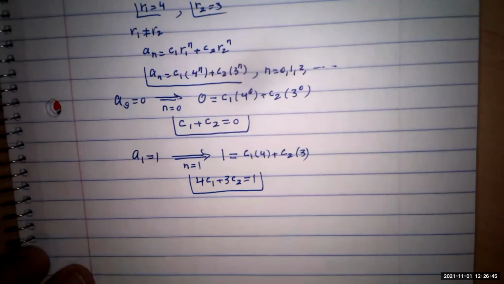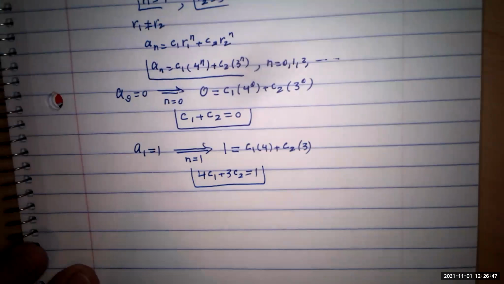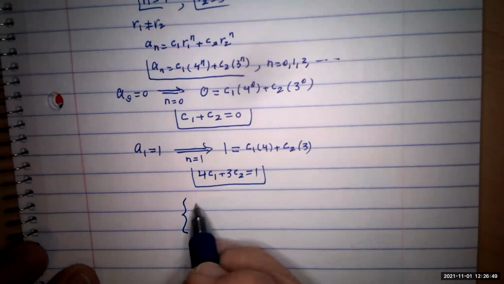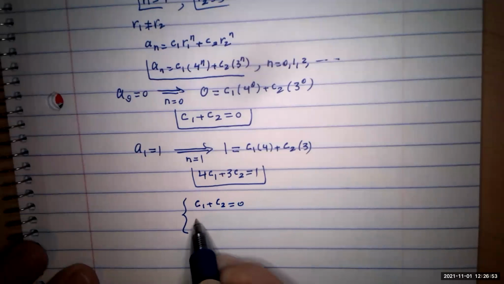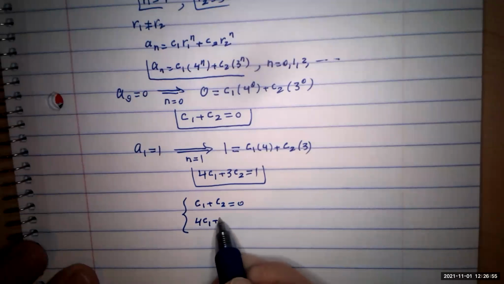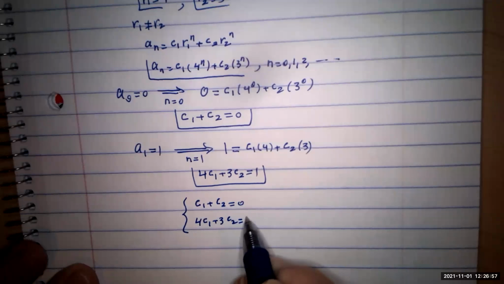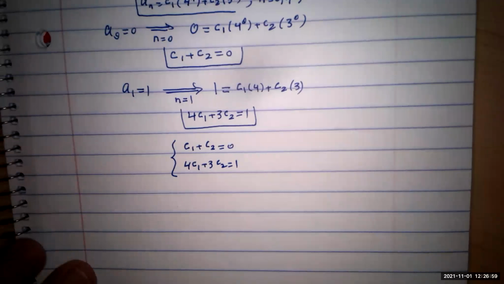Put them together, find C1 and C2. So what do we have? C1 plus C2 equal to 0, and 4C1 plus 3C2 equal to 1. Substitution method, elimination method, you can use whatever you like.